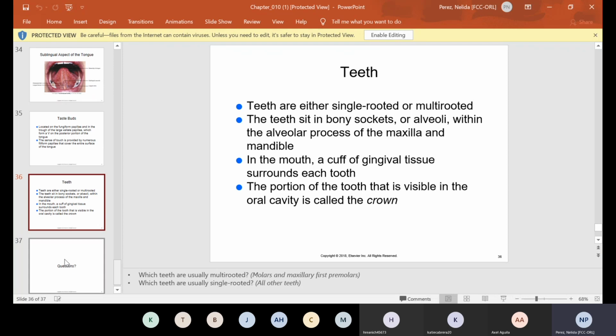The teeth are either single-rooted or multi-rooted, and we are going to have a lecture only on teeth soon, so you don't want to miss that. The teeth sit in bony sockets, or alveoli, within the alveolar process of the maxilla and mandible. In the mouth, a cuff of gingival tissue surrounds each tooth, and the portion of the tooth that's visible in the oral cavity is called the crown.